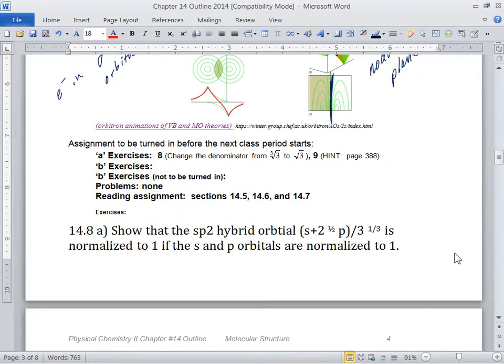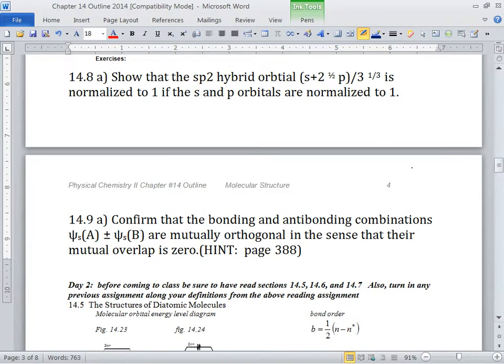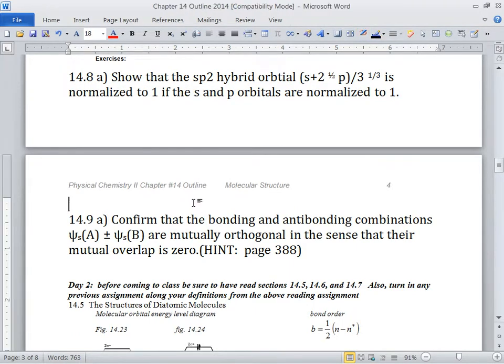So this isn't a bad question if you just realize what they're trying to get you to do. They're trying to say that, first, if we say something's normalized to 1, what expression do we write? Psi star psi equals 1.